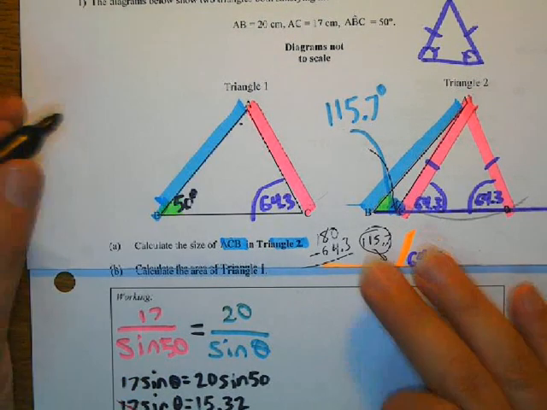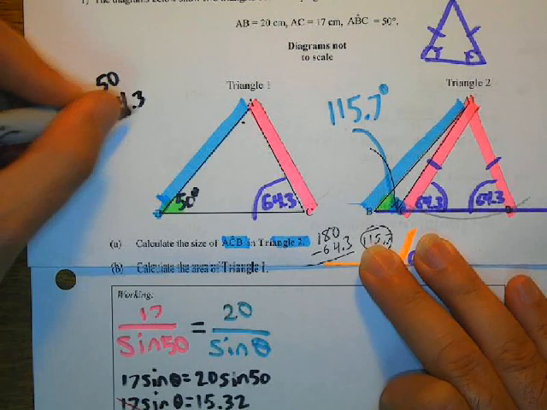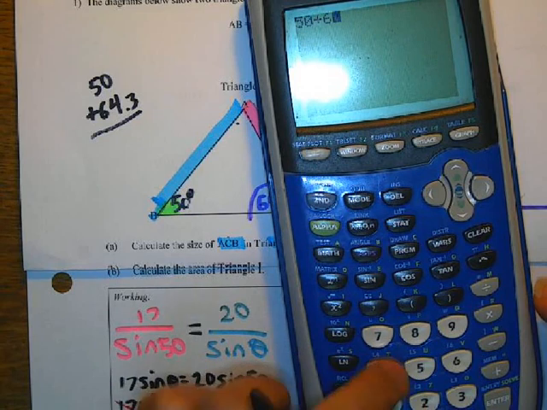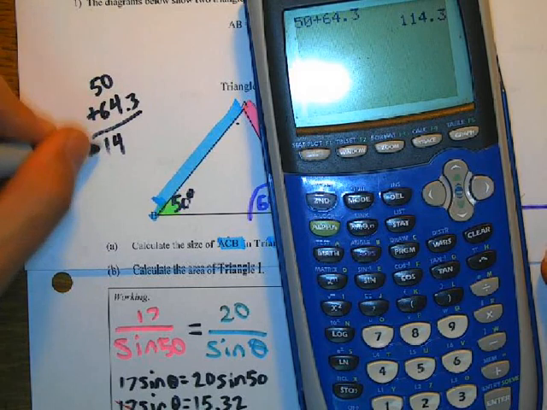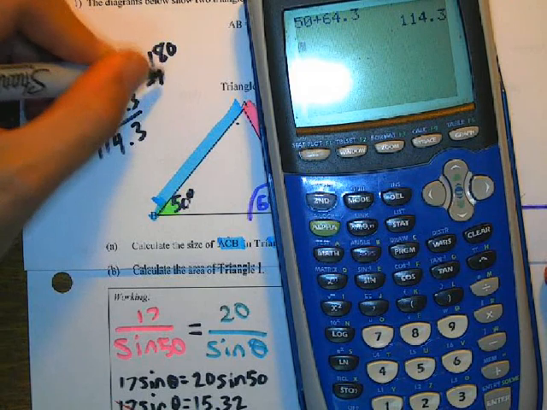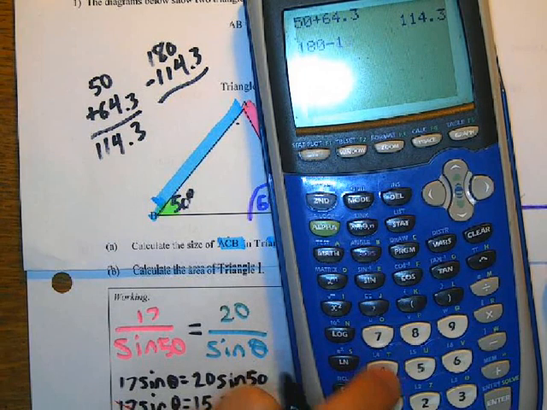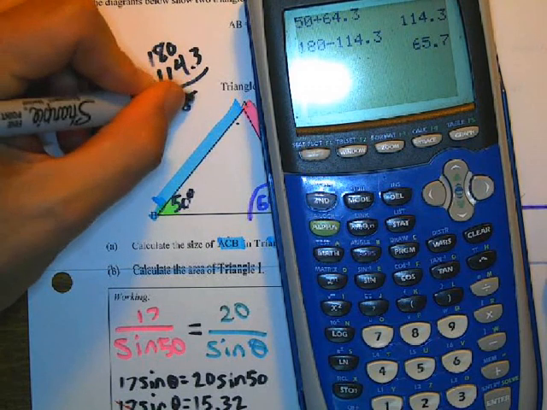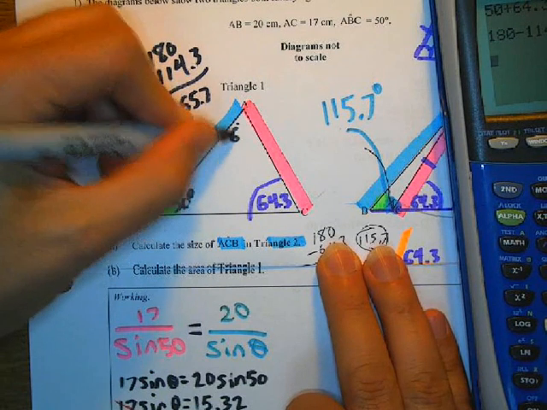We can say 50 plus 64.3, and we get 114.3, and then I do 180 minus 114.3, and we get 65.7. So this angle right here is 65.7.